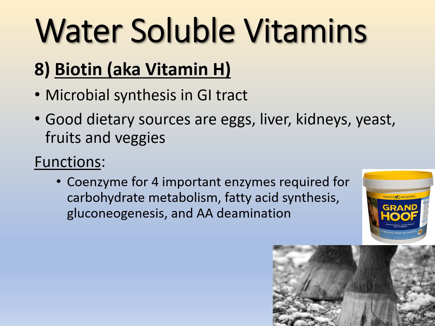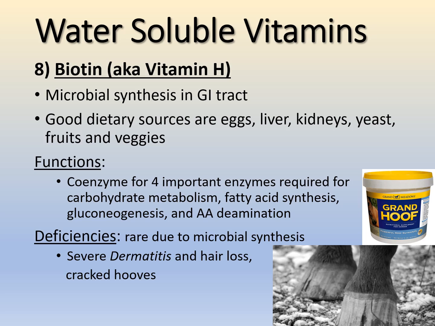And again, it's a coenzyme for some important enzymes, okay? So these enzymes are required for carbohydrate metabolism, fatty acid synthesis, gluconeogenesis, right, where we make glucose from other things, amino acid deamination, so lots of important metabolic functions for these enzymes.